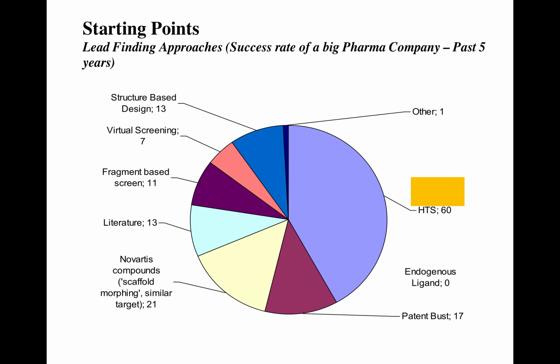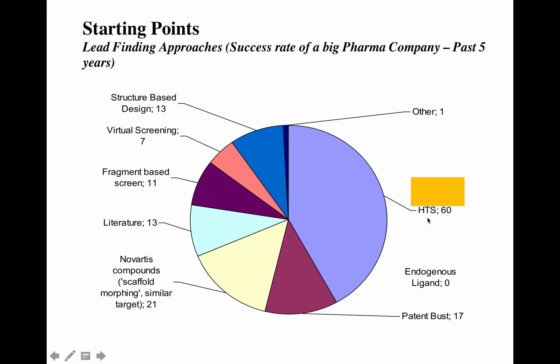So, the main lead finding approaches that have been used by a big pharmaceutical company in the past 5 years. This is an international innovator company, so it develops new chemical entities, new medicine for marketing. In the past 5 years in their research, these were the main ways in which they identified new compounds.